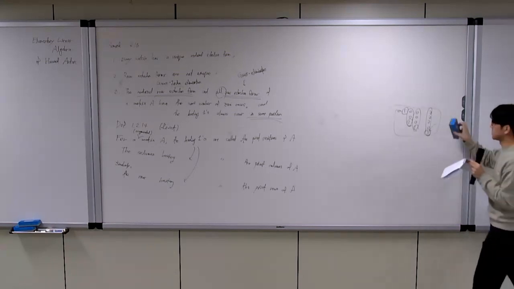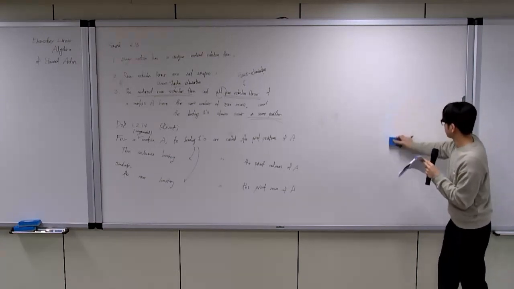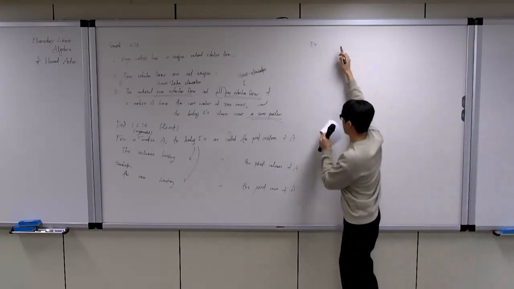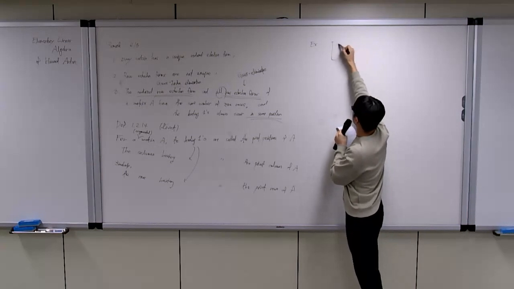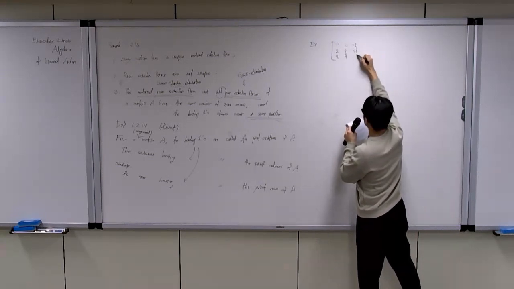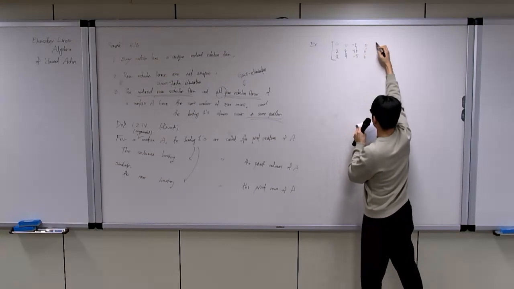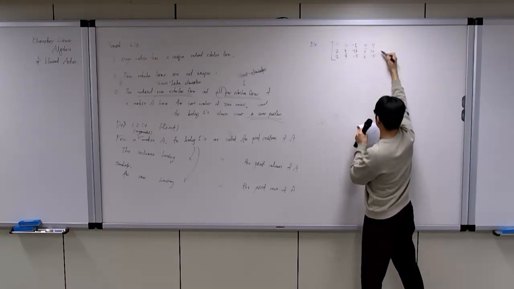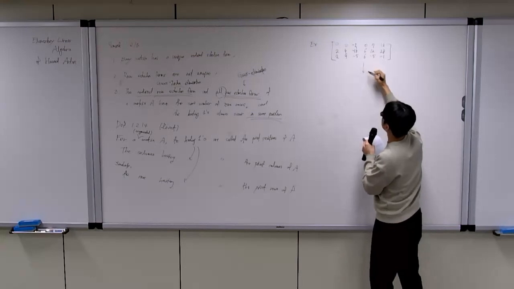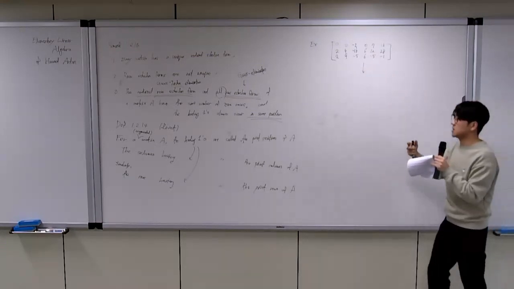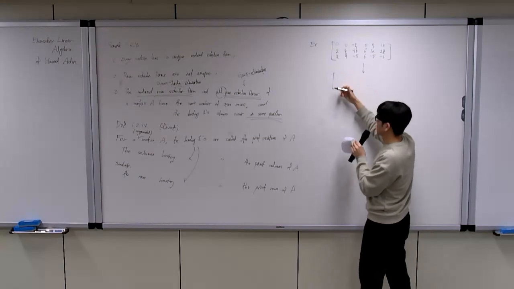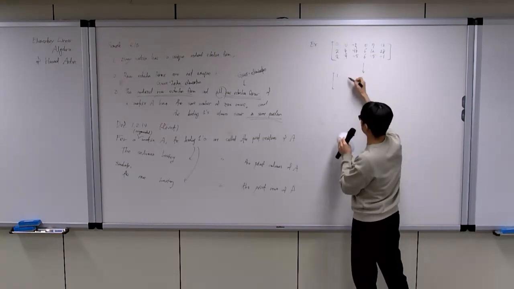So I will give an example. If we have an augmented matrix like this, then by using Gauss elimination, we might have a row echelon form like this.